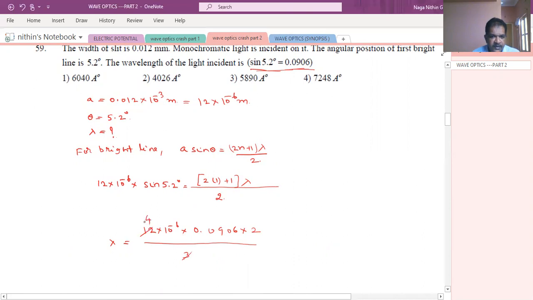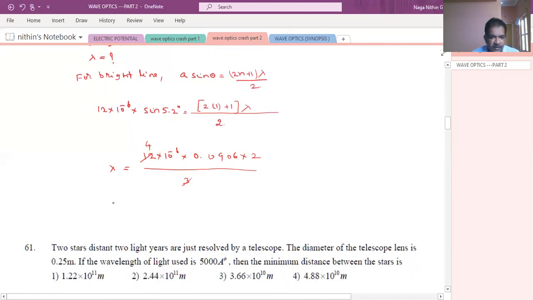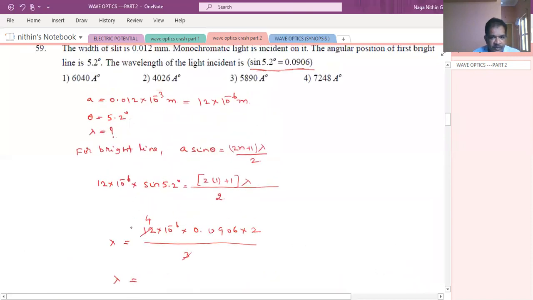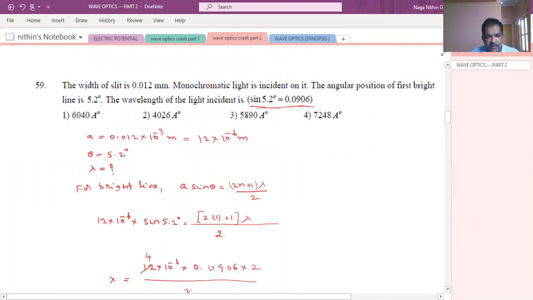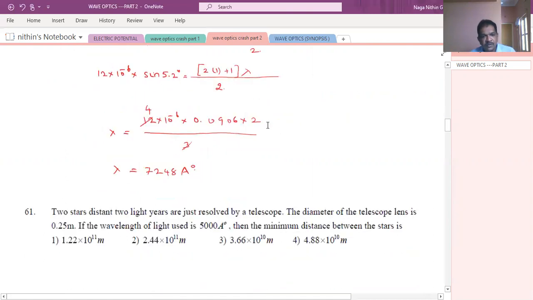Multiply all of that. Finally, we'll get lambda value is 7248 angstrom unit. Just calculate, you will get the answer. So question 59, it will be fourth option.